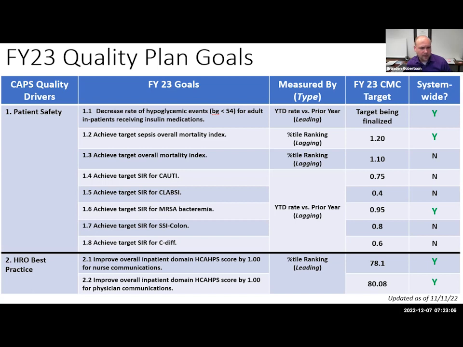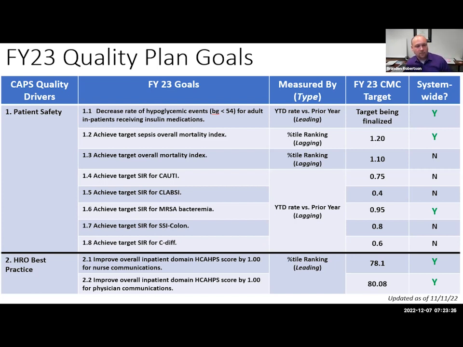And again, going down, we have the standard infection ratio for CAUTI, MRSA, surgical site infection (colon), and for C. diff. Again, we're performing relatively well in some of those, but still have opportunity because they're preventable harm regardless.